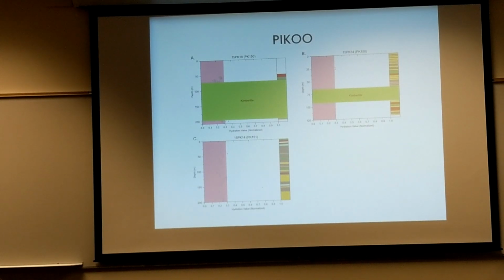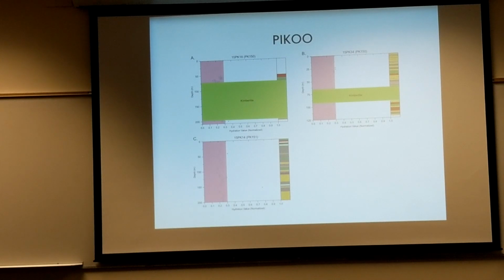The reason is that the kimberlite has to be a certain size to make enough of a hydration zone, this hydration halo. For example, we didn't see anything around Snap Lake. It did not extend around Snap Lake. Kelvin Sheep doesn't have anything extending from it. And around Piku, you don't see a hydration halo either. All of those are similar in the sense that they're smaller than 30 meters.